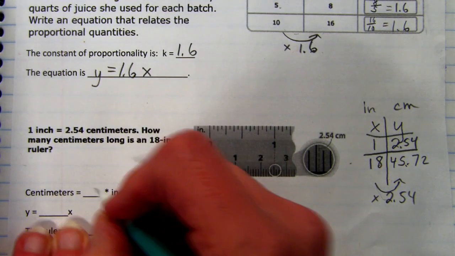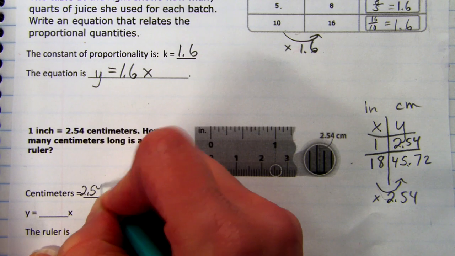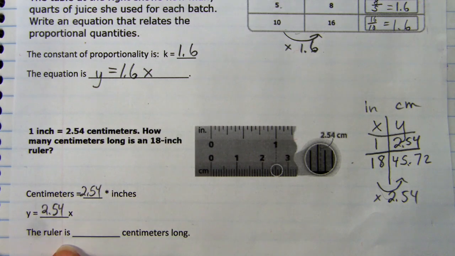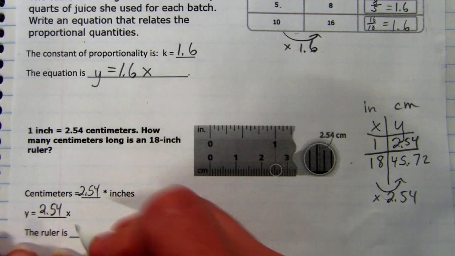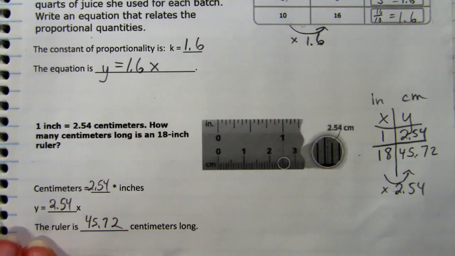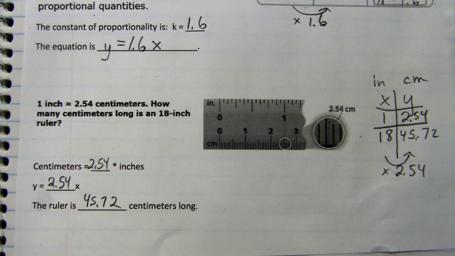So the centimeters is 2.54 times the inches. My equation is going to be y equals 2.54x. And then the ruler is 45.72 centimeters long. In science, you'll do conversions. If you haven't already, you'll do them eventually, where you might be able to do 2 or 3 conversions at a time using a special table.